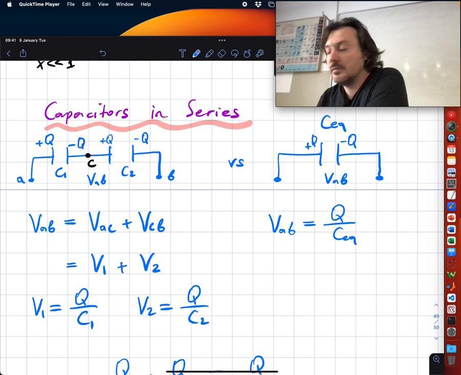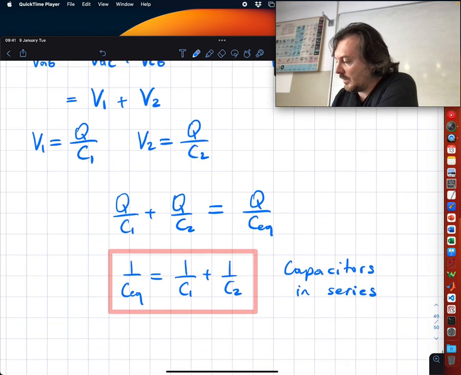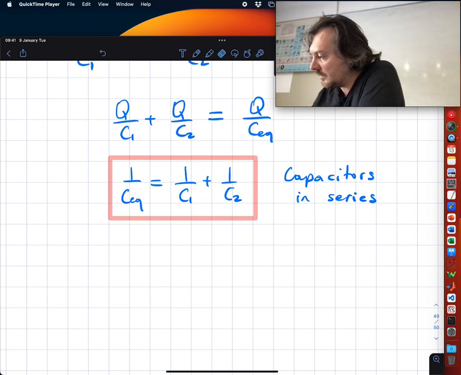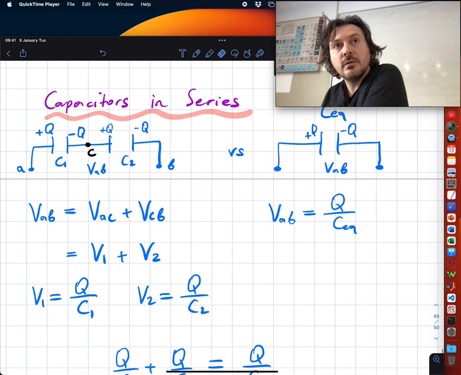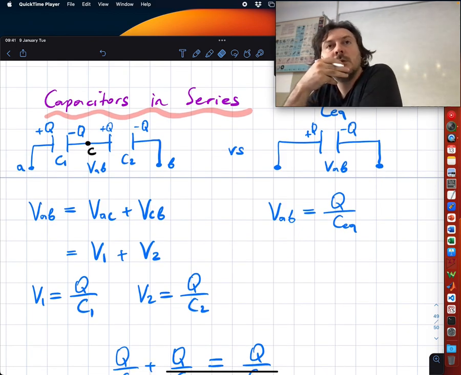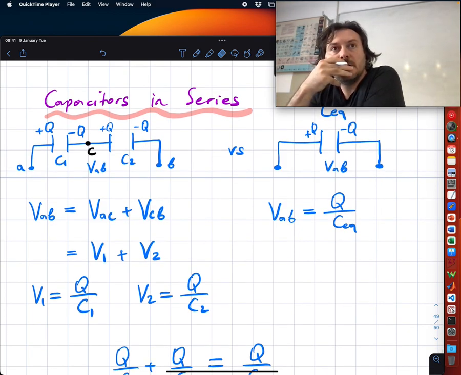Are you happy? Plus Q and minus Q. Thank you. Also, could you show what this would look like in a real life situation? This is schematic. Schematic, yes. And I want you to show how it will look in a real life example.